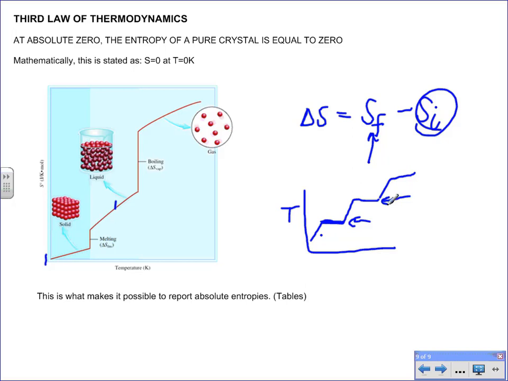So the temperature of the system is not changing during the phase transition, because all of the heat that's being added during the phase transition is being used to change from a solid to a liquid, for example.